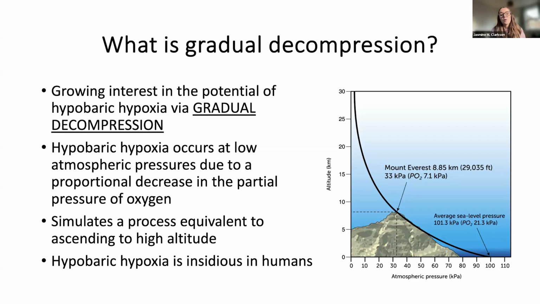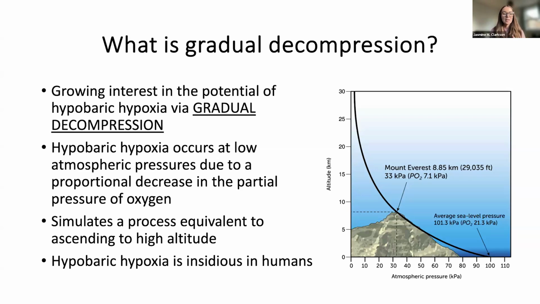So essentially, what is decompression? Gradual decompression describes a process similar to ascending to a high altitude, and as such, it results in hyperbaric hypoxia. Hyperbaric hypoxia occurs because as the atmospheric pressure falls, there's also a proportional decrease in the partial pressure of oxygen. And this is why people climbing Mount Everest, for example, often need supplementary oxygen.